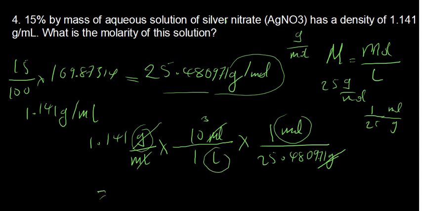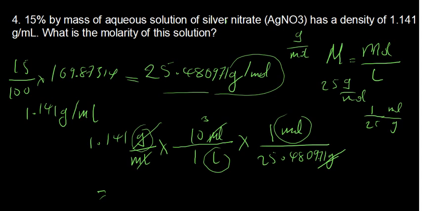So all we are saying is 1.141 times 10 to the power 3 divided by 25.480971.